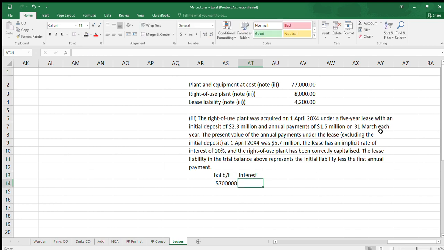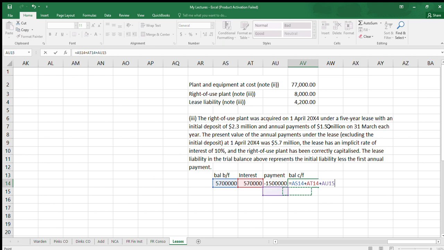And here the interest rate is what? 10%. So this multiplying by our 10%. Now we bring our payment. Our payment is negative 1.5 million, so 1,500,000. So our balance carry forward is this figure.